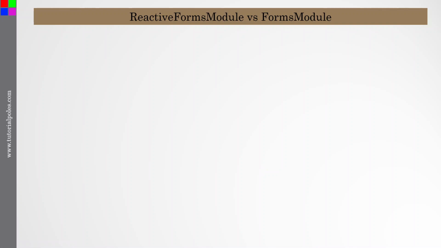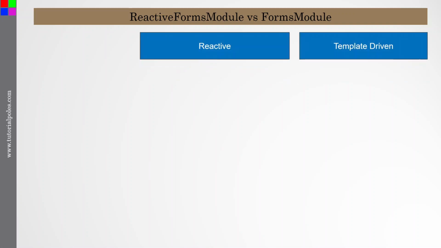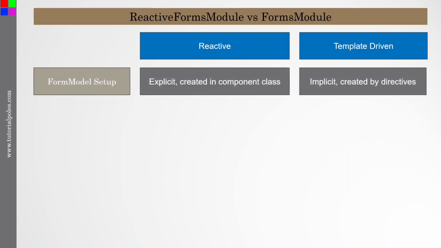As you can see here, Reactive Forms module is used to create reactive forms and Forms module is used to create template-driven forms. In reactive forms, the form model setup is done explicitly in the component class, whereas in template-driven forms, model setup is done in HTML using directives.